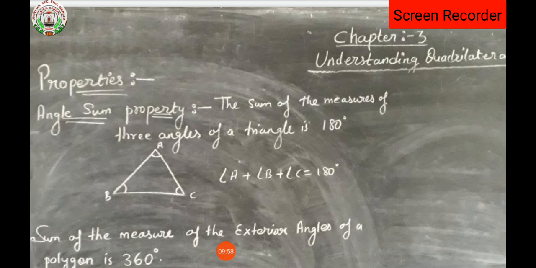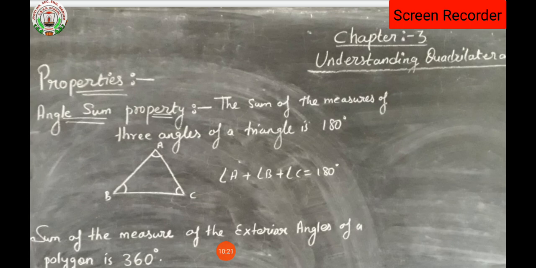The first property everybody knows. What is the first property? It is the angle sum property. You people studied the angle sum property in class 6th and 7th, and now we are studying it again in the 8th class. The angle sum property says that the sum of all three angles of a triangle is equal to 180 degrees.